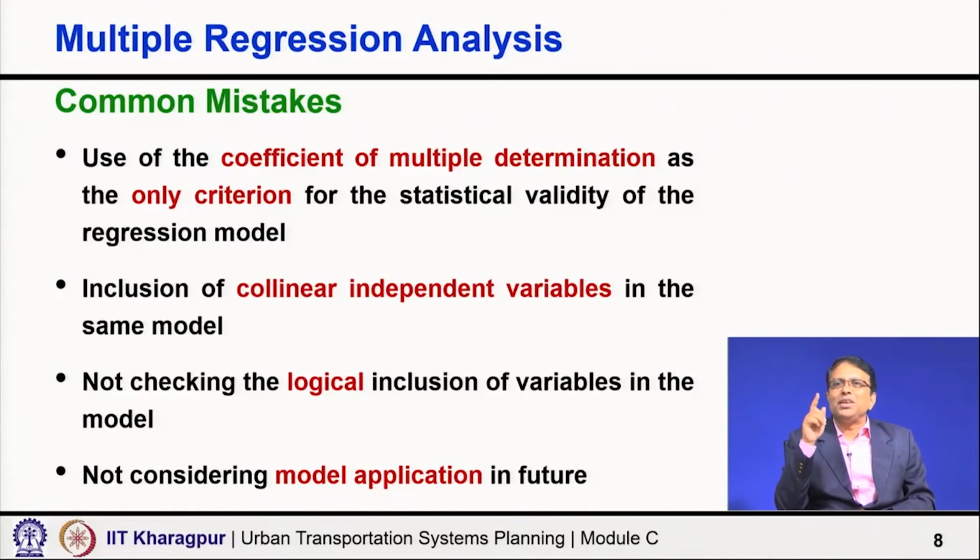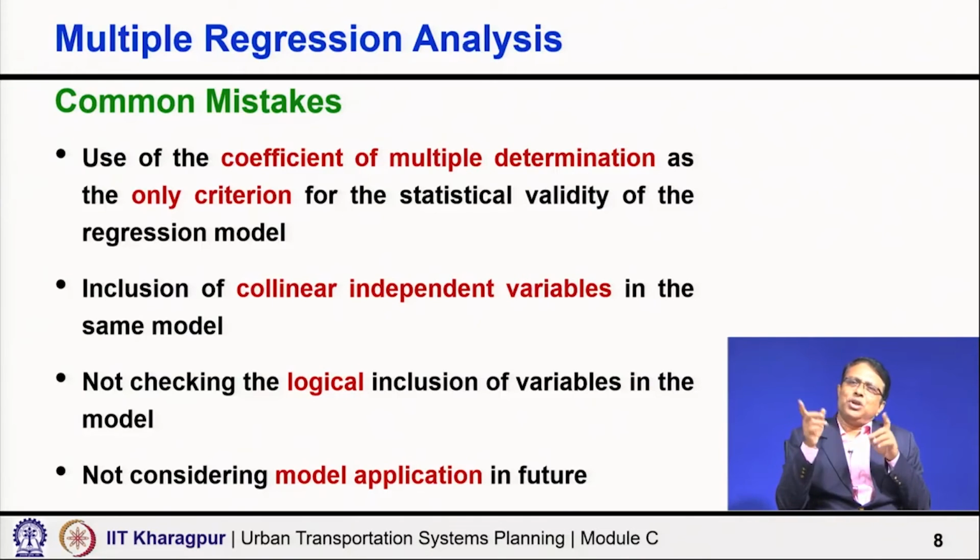If it is so complicated that you cannot forecast these variables properly, then whatever relation you develop, maybe the relationship is very good, but if your input is not correct, your output also will not be correct.